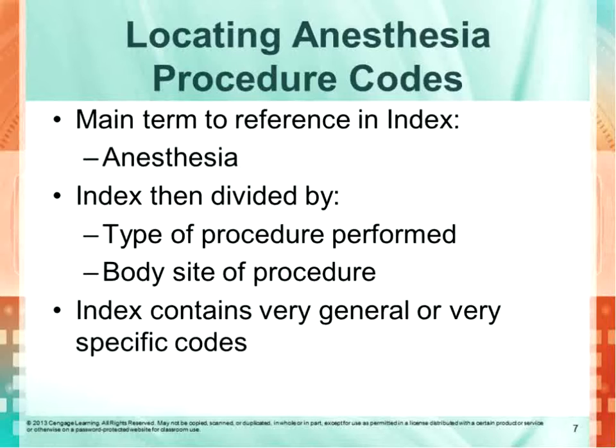If I was trying to code the anesthesia for that procedure, I would go to the main term anesthesia, then look up the term Abbe-Estlander procedure, which is the name of that procedure, and then go from there to assign the code. So you go to your index on anesthesia, then to whatever procedure you're performing, and then to the anatomical site.